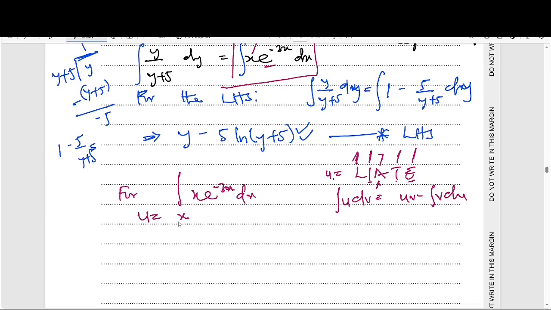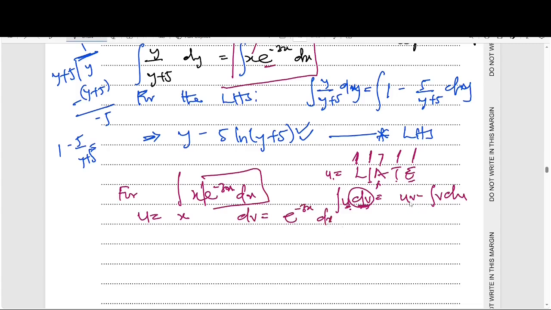So u is this, and whatever is left after picking your u becomes your dv, because we are trying to rewrite the function as u dv. So after picking out the x, what is left is the whole of this, so that becomes your dv. So dv is equal to e to the negative 3x dx.